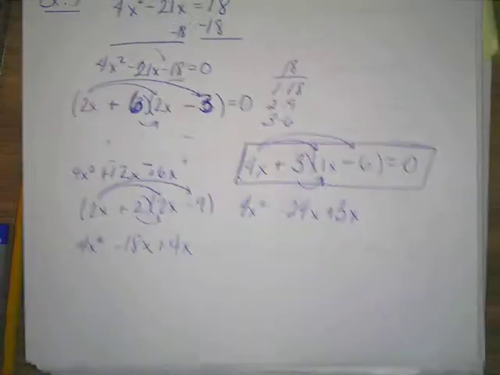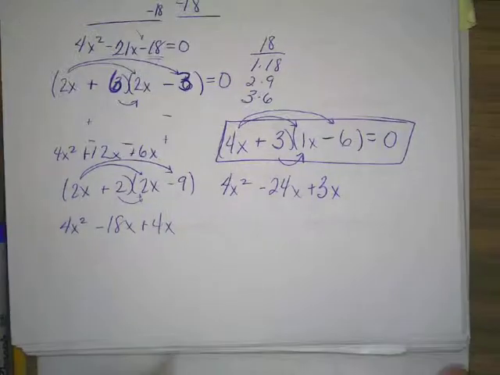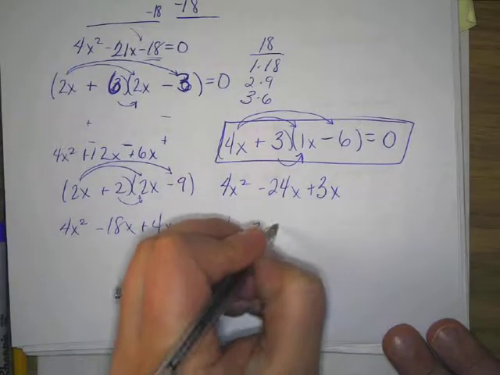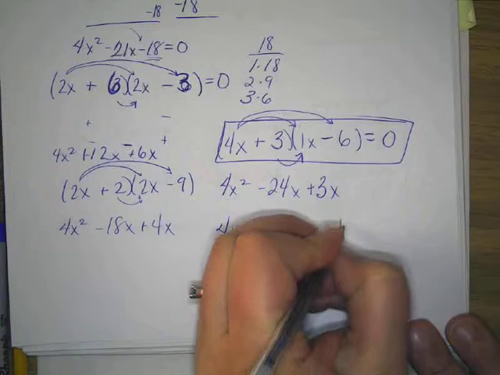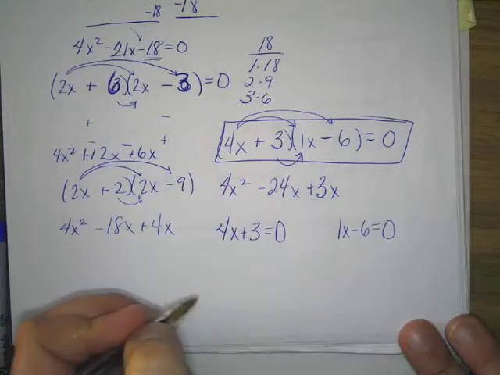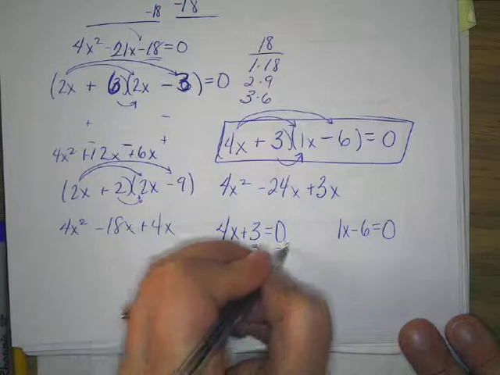Okay, so now that we actually have the right one factored, now we can use the zero product property. So 4x plus 3 equals 0, or 1x minus 6 equals 0. Minus 3.